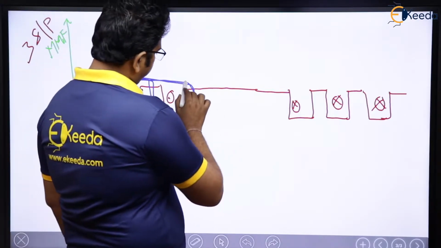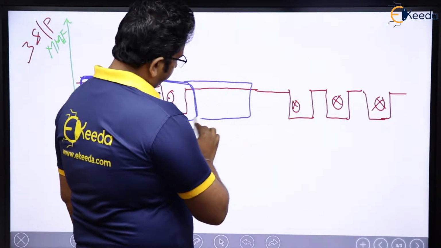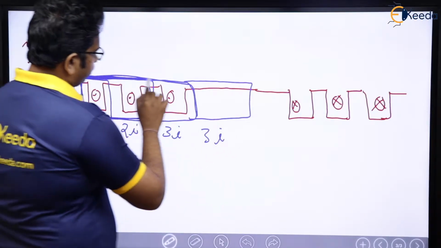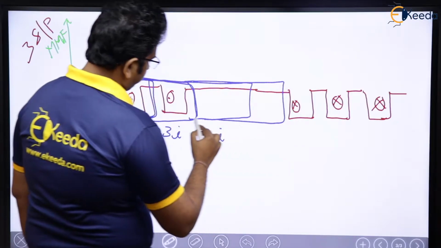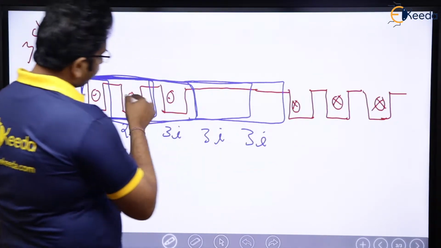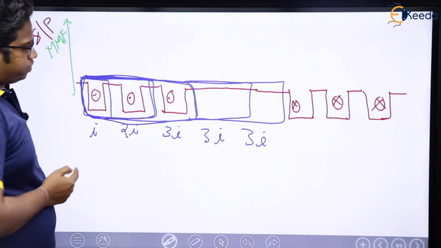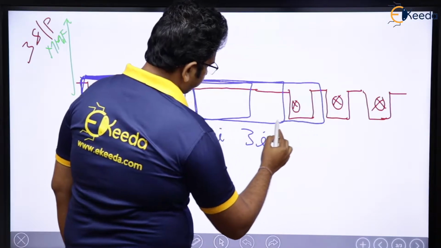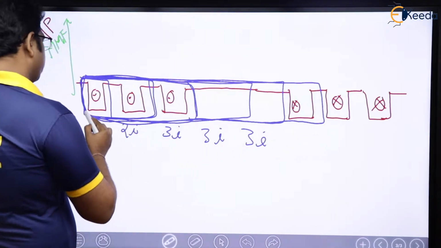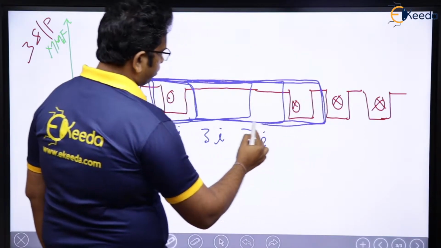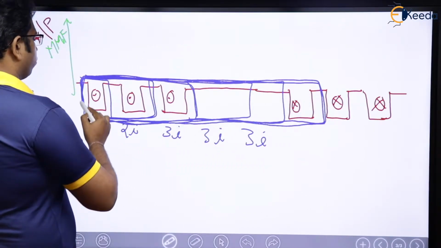Then from here to here, it is again going to be 3I only. Again, from here to here, it is again going to be 3I only, because 1 to 3 dot currents. Now, when you go from here to, let us say here, for this closed path, what is going to be the enclosed current?